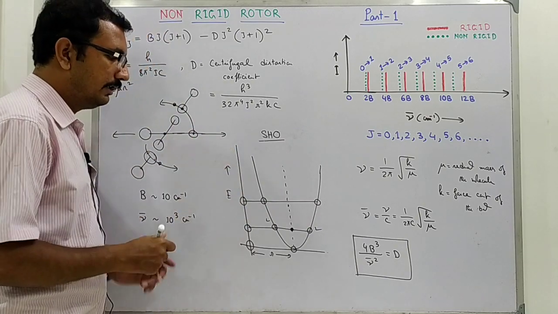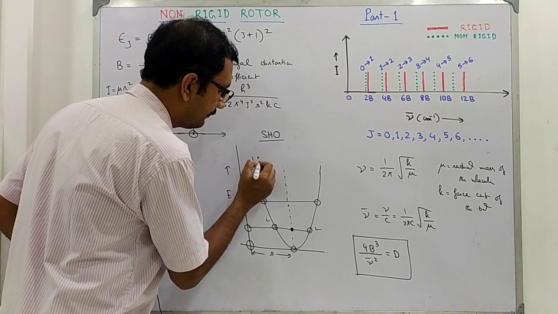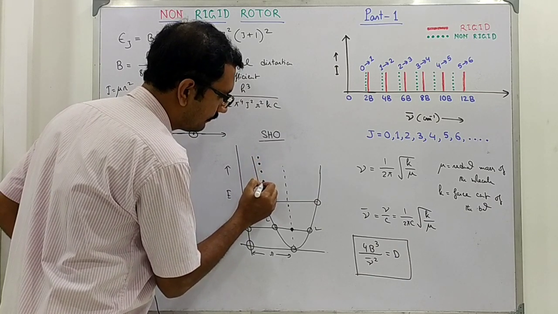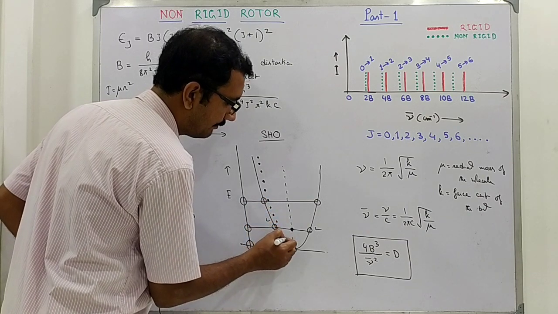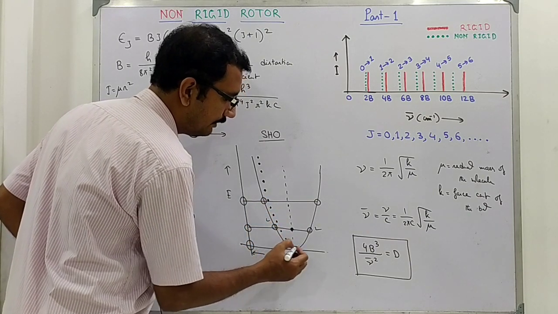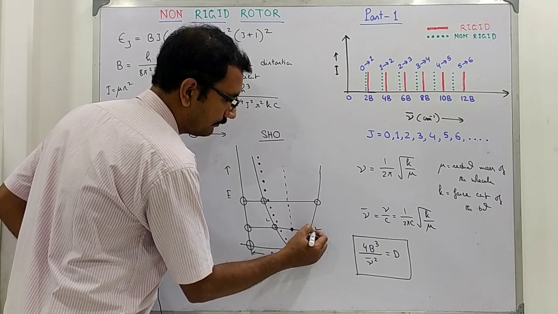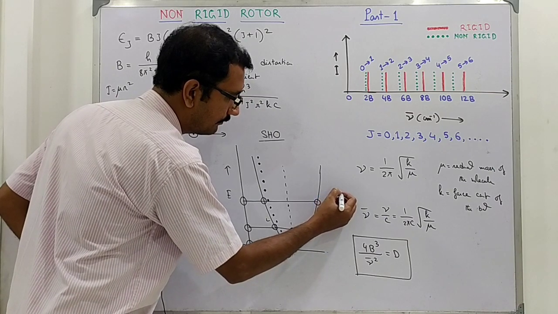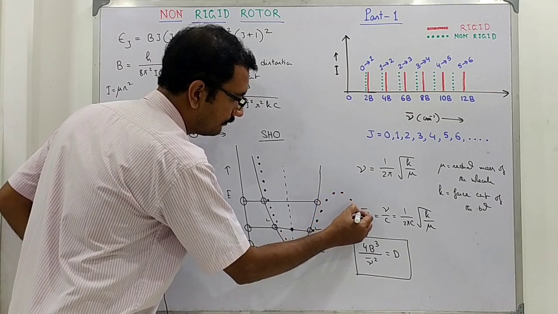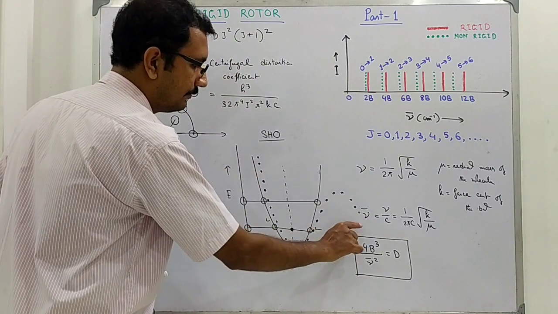Now, how does this anharmonic motion look? These dotted lines I am taking for anharmonic motion. So, this is the anharmonic mode.